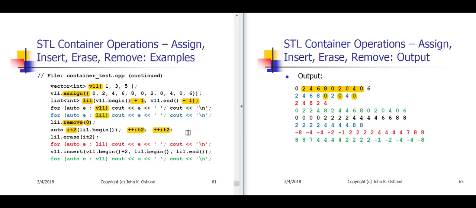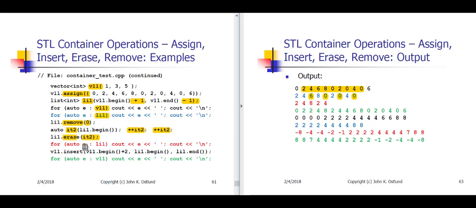Okay, so when the iterator was at begin, the iterator was at the 2, and when I move it forward 2 positions, the iterator is, quote, pointing at, unquote, the 6. Consequently, when I say li1.erase whatever is at that iterator it2, that's going to erase the 6.